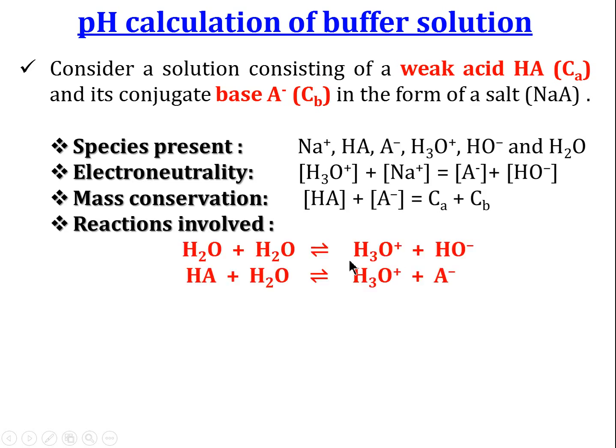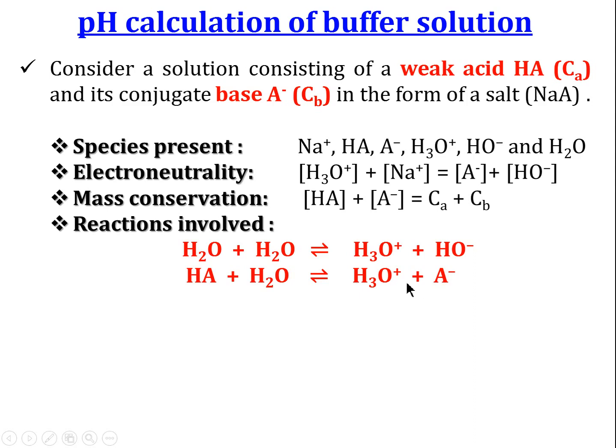The reactions involved in this type of solution: we have the autoionization of water, which we neglect in general in most cases, and we have the dissociation of HA to A-. HA plus H2O gives H3O+ plus A-.